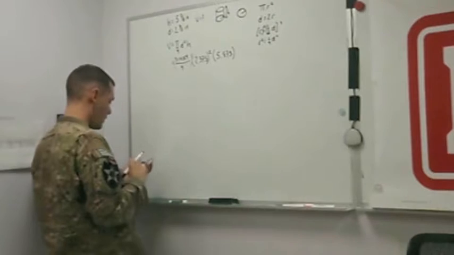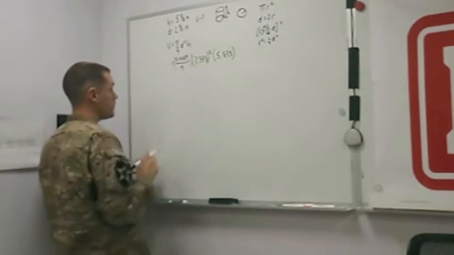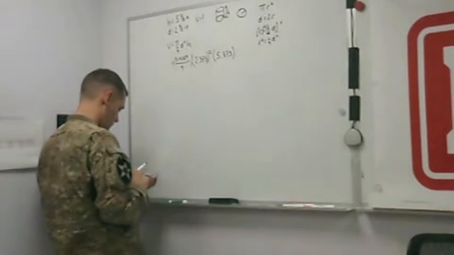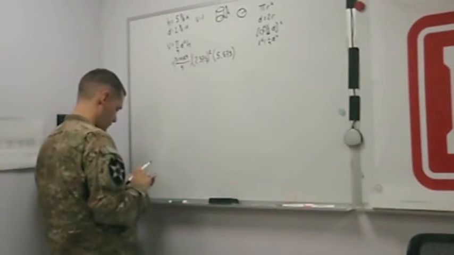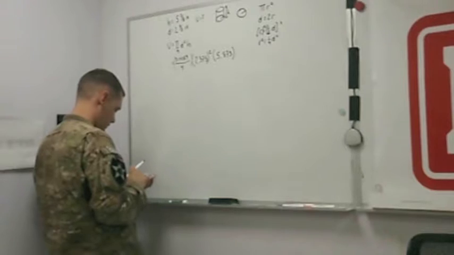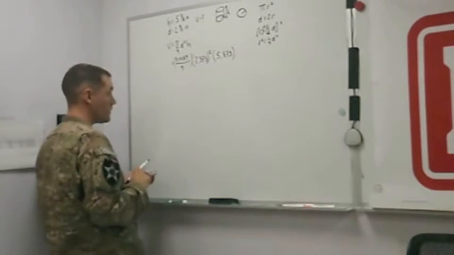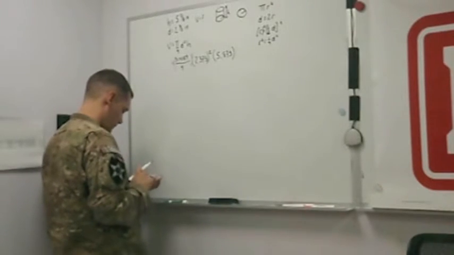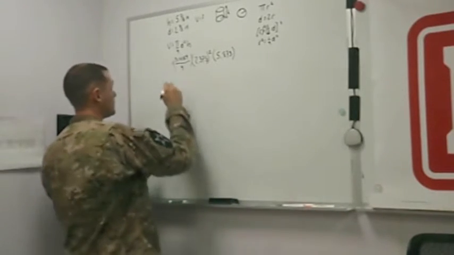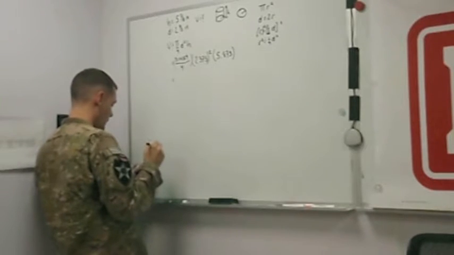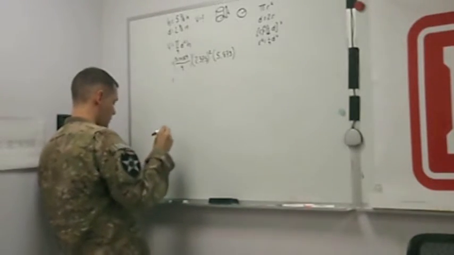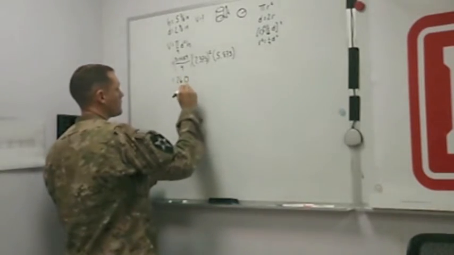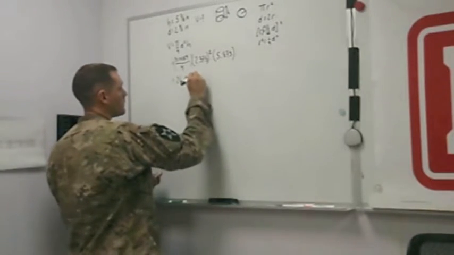3.14159 divided by 4 times 2.375 squared times 5.875 gives me 26.0 inches cubed.